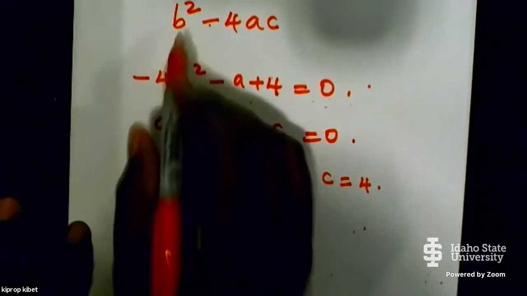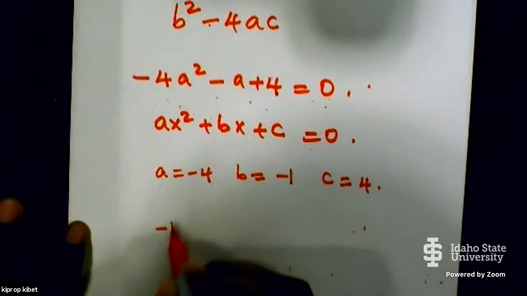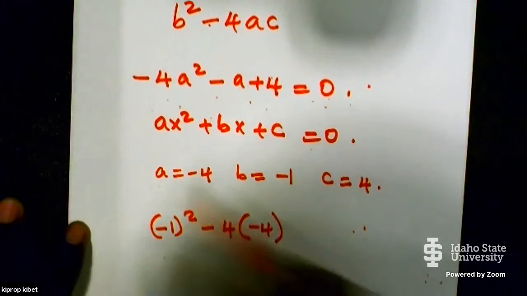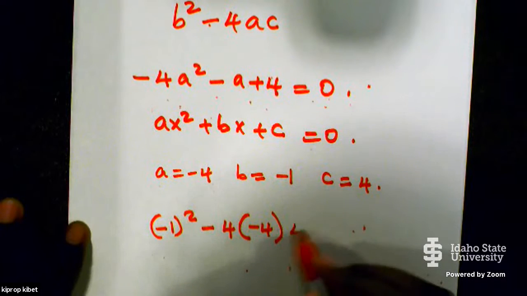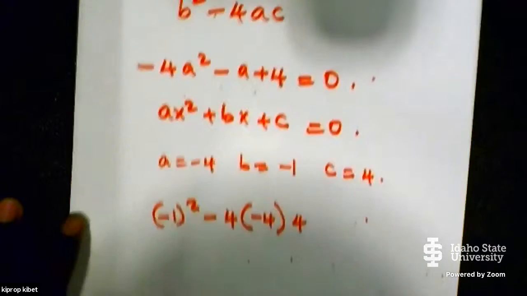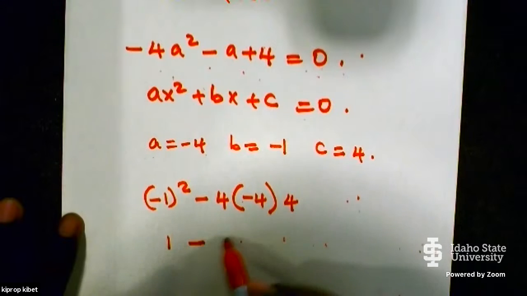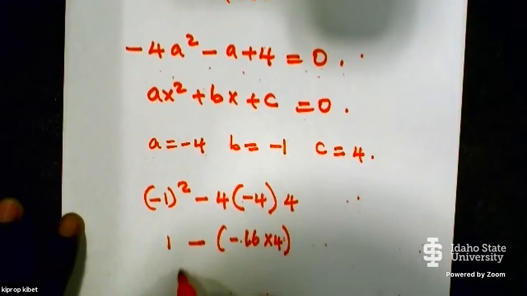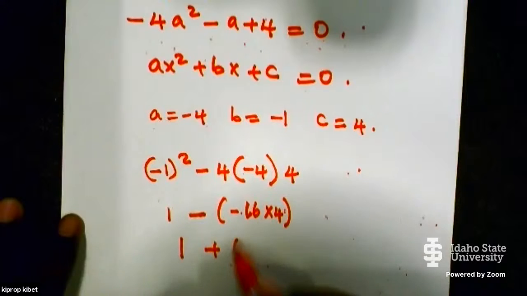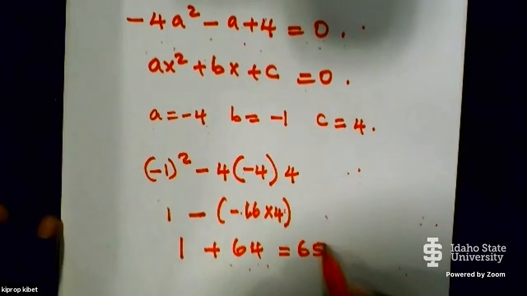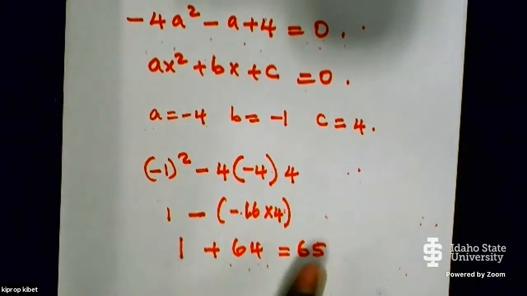So b is minus 1, so minus 1 squared minus 4 times a, which is minus 4, times c, which is 4. What do you get? 1 minus minus 16 times 4, so it is 1 plus 64, which equals 65. 65 is greater than 0.